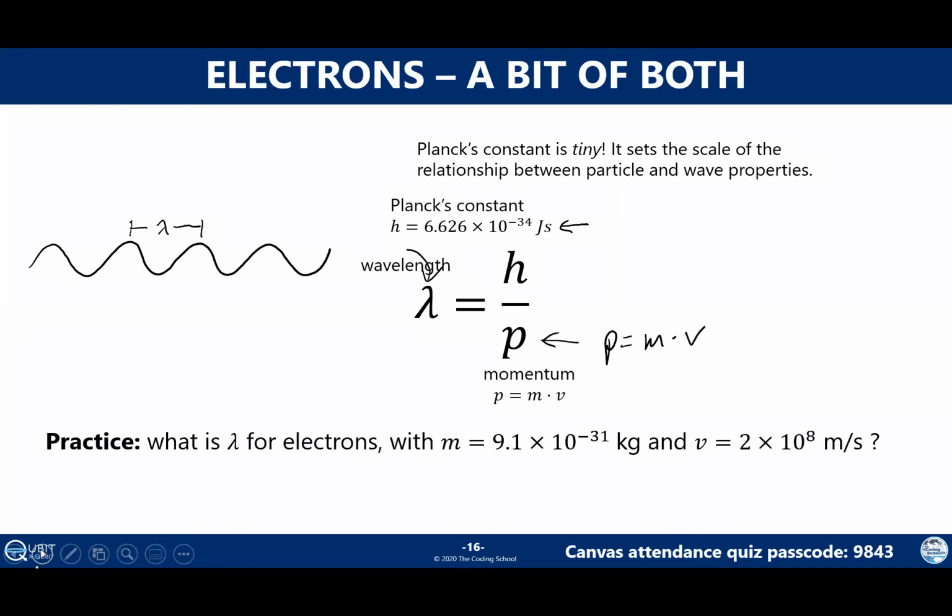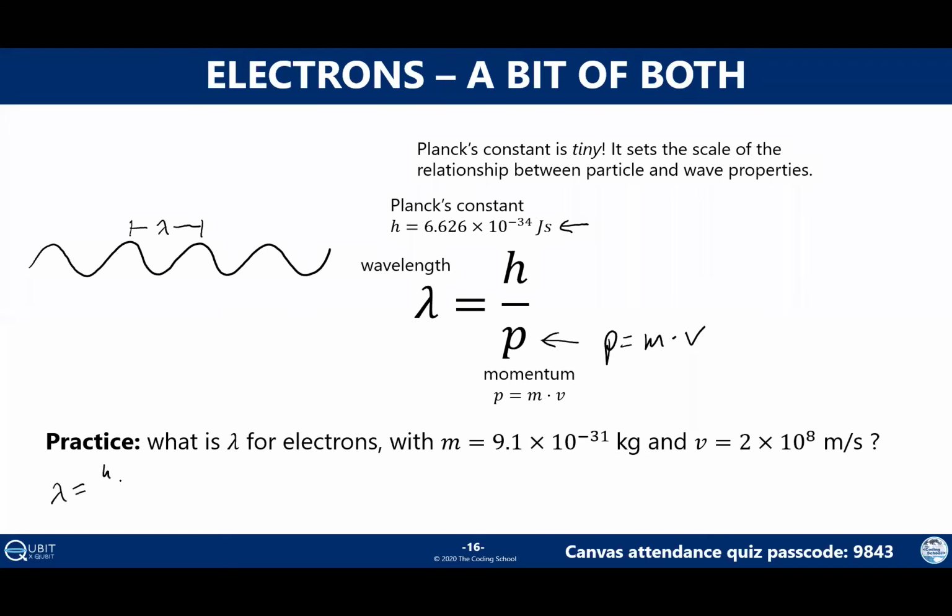So let's do a little bit of practice. Now this equation is kind of magical because most of the time, you just plug in numbers and you will get an answer that is technically correct, even though it might not fit into our intuitive model of the world. So we're going to ask, what is lambda for electrons? We're given the mass and velocity of a particular electron. So I'm just going to use this formula.